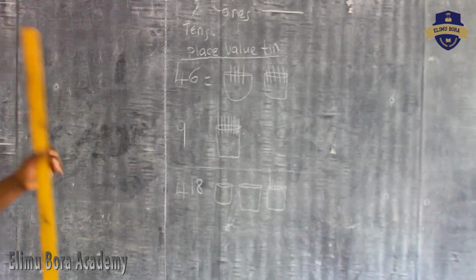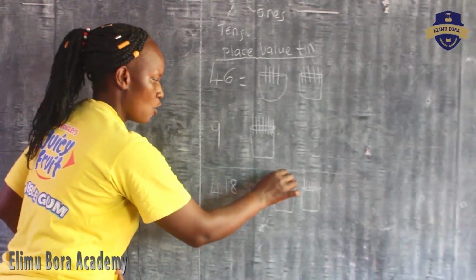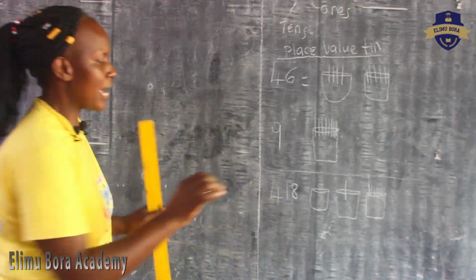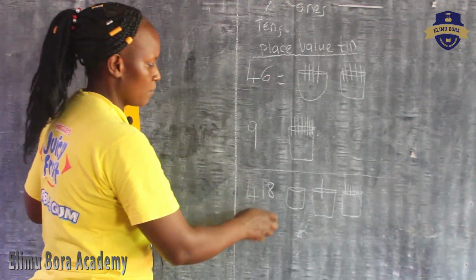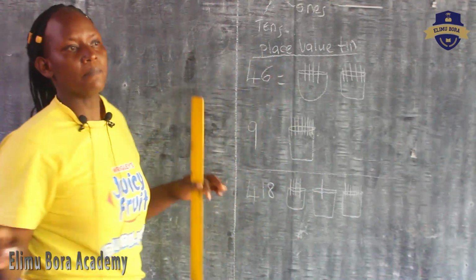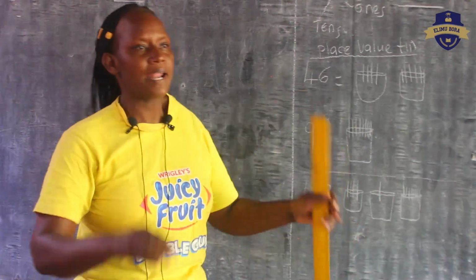Tens. How many tens do I have? 1. So I draw only 1 stick. And the 4 is hundreds. So I draw 1, 2, 3, 4. I'm done.